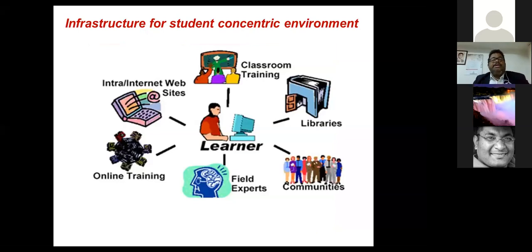So as I said, now we need to have different infrastructure. Gone are the days when you would have classrooms, a teacher, a board, and teachers would go and write on it. Only this infrastructure is not enough nowadays.